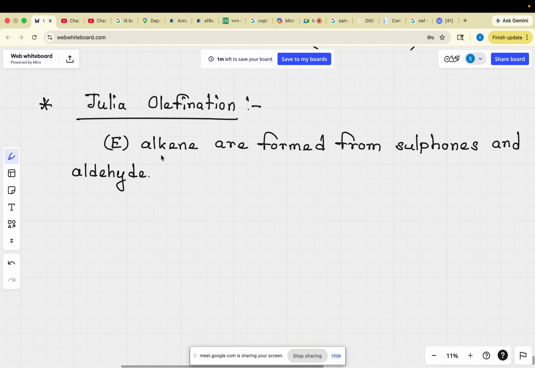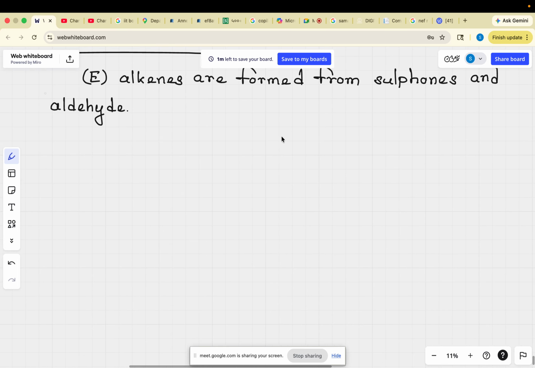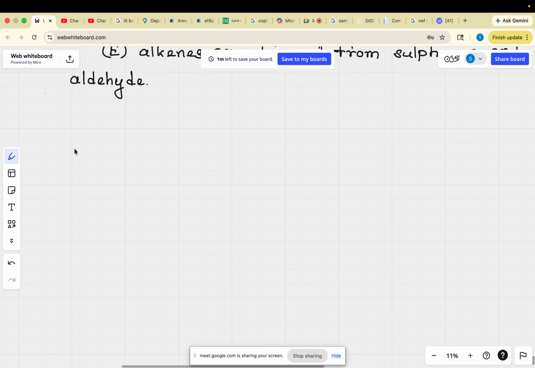So E alkenes are forming here, from sulfones and aldehyde. Okay, so let's see the mechanism. We will directly go to the mechanism part.